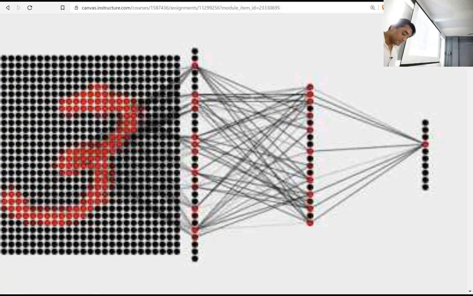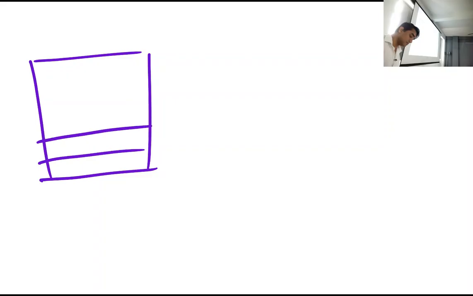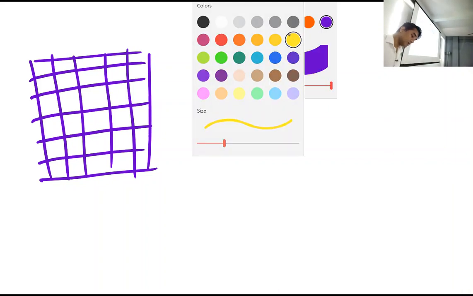And this is something which we need to see visually. I'm going to write some number on top of it. Okay, so let's say we take yellow. I'm writing 1 only. Okay, very simple digit.